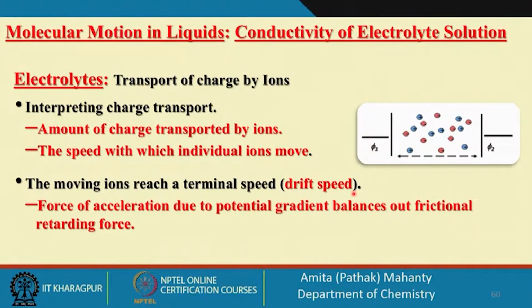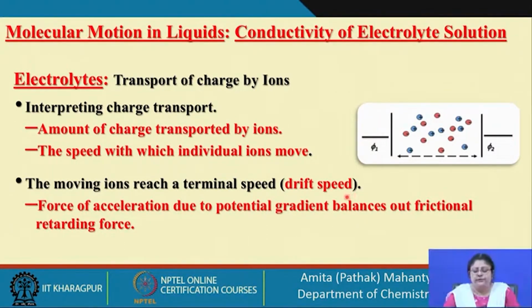We have already talked about the various types of electrolytes. Now, we have transport of charge, which is carried by the ions in an electrolyte. We have a solution in which the solid electrolyte is dissolved, and the dissolved electrolyte will be dissociated into ions, moving as free ions.